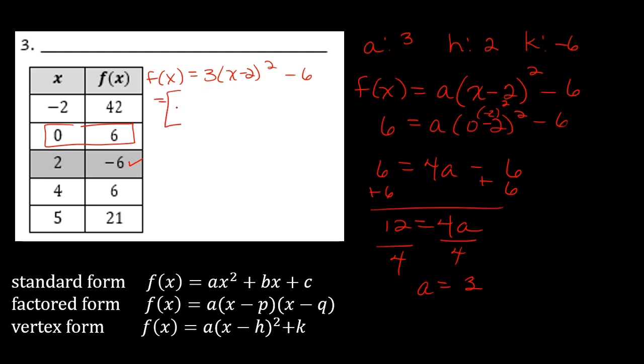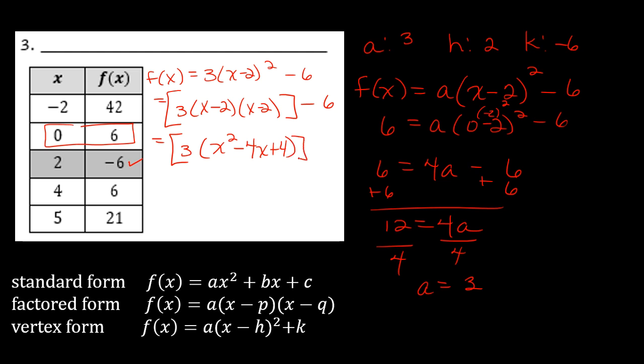We're going to simplify. We're going to expand the exponent. Remember, when you multiply a binomial times itself, you get a perfect square trinomial. So I get x times x, then I get -2x and another -2x.